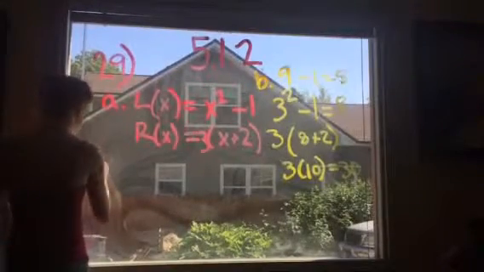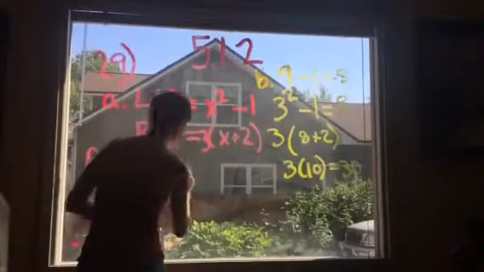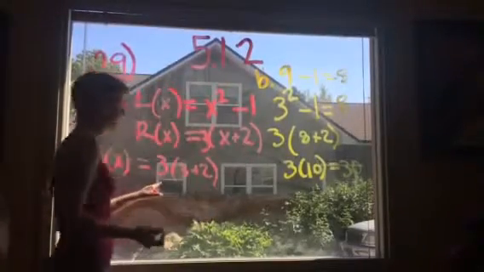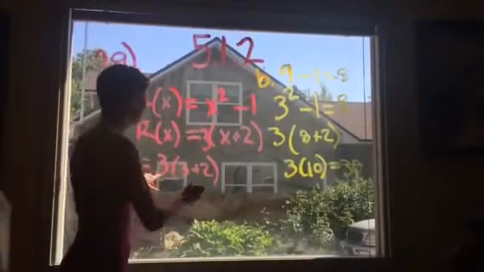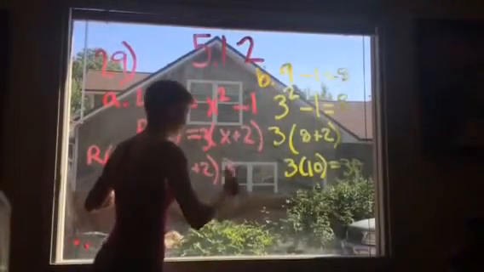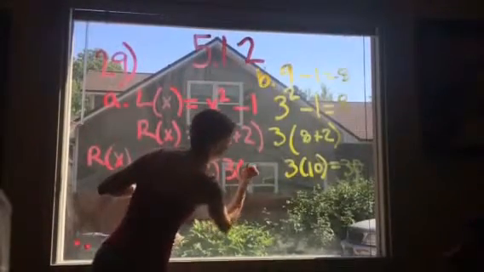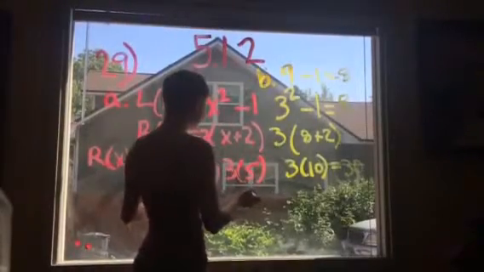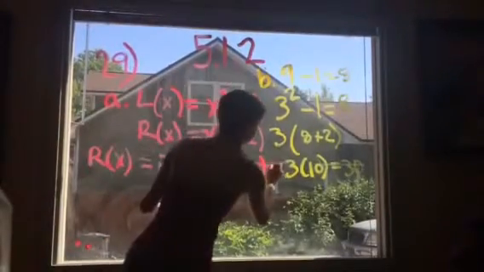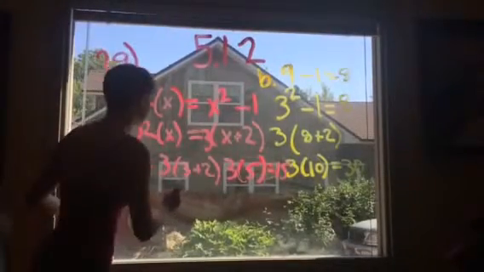So R of x equals 3 times 3 plus 2, if we're using 3 as our input. So 3 plus 2 is 5, and 3 times 5 is 15.